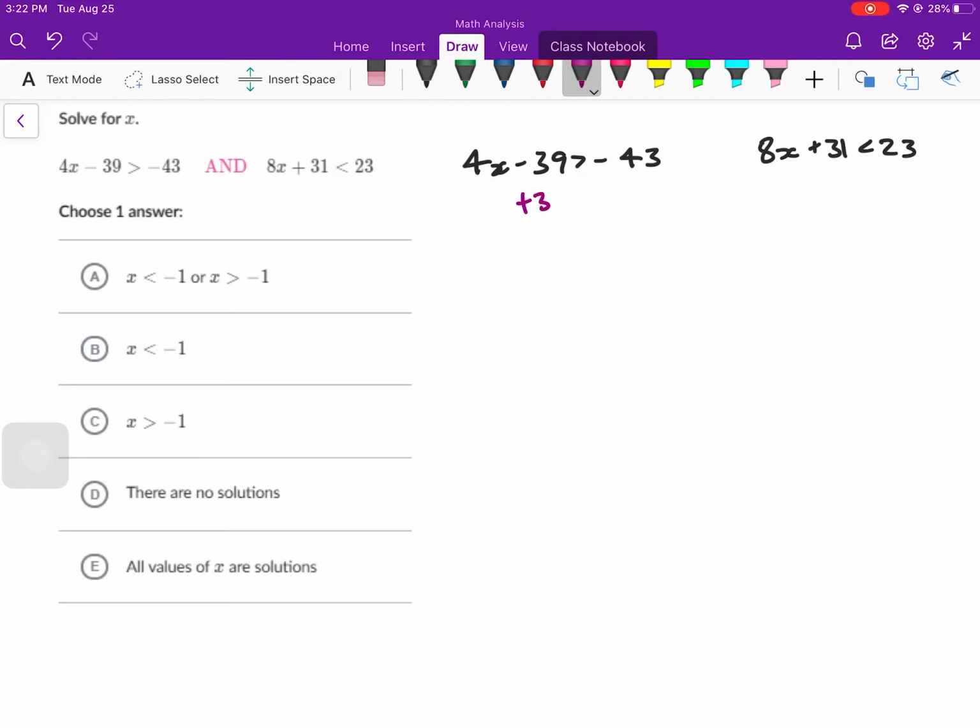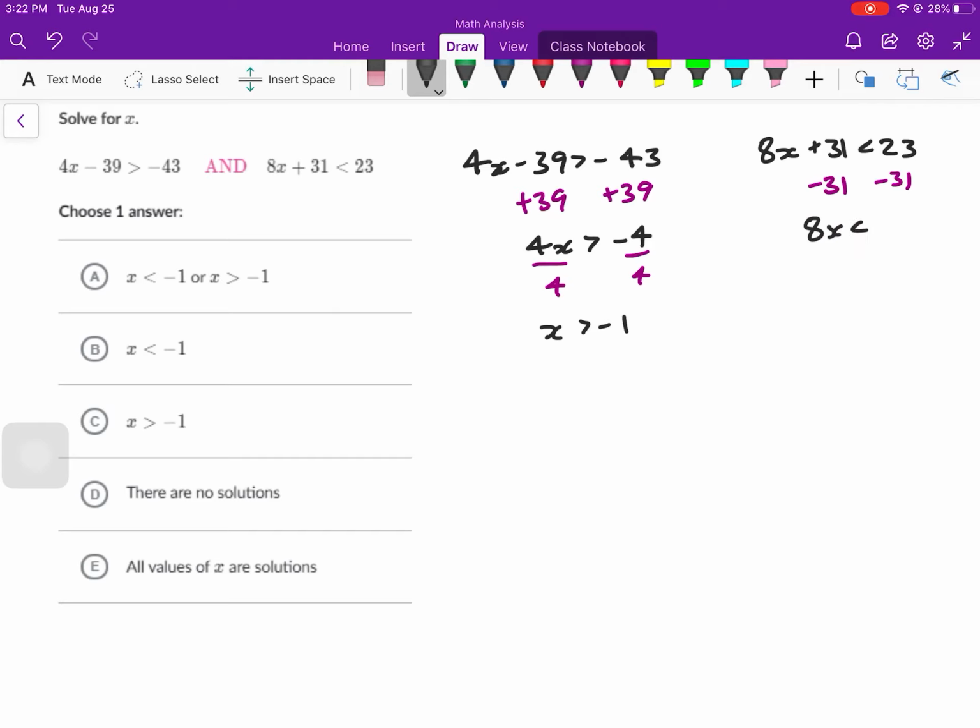All right, let's solve this one. So x is greater than negative 1. I'm not going through the solutions of these. You'd probably have to look at previous lessons.